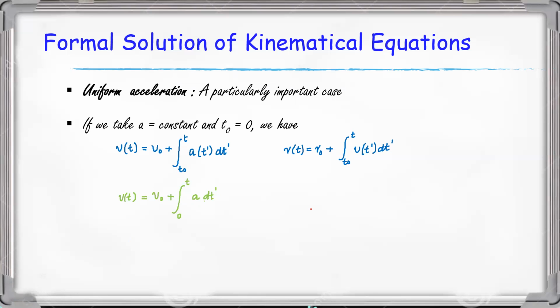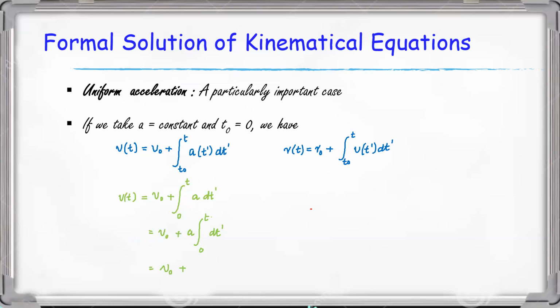Then it is v0 plus a times the integral of dt dash, which is equal to t dash within the limits 0 to t.